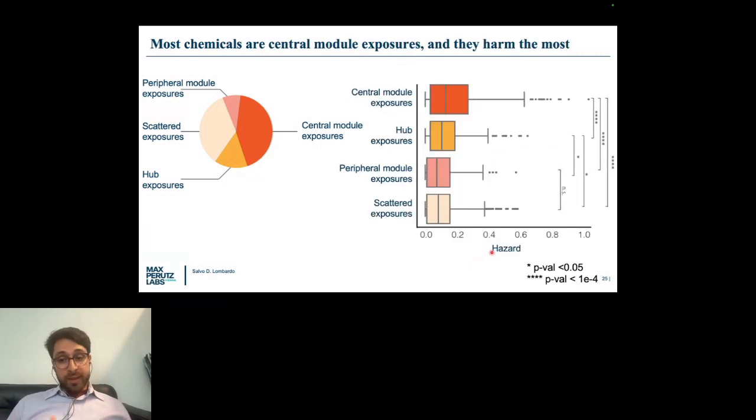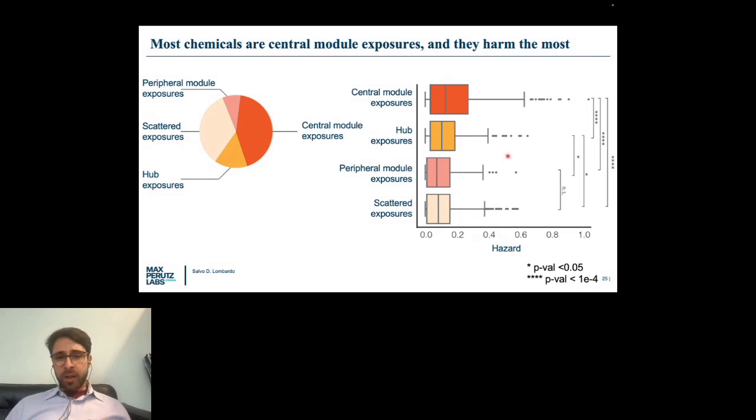But what is more meaningful, I think, is that once we have these categories, we can map them to their biological activity and their hazard. With hazard, we mean how deleterious an exposure is for a cell, or a human cell.